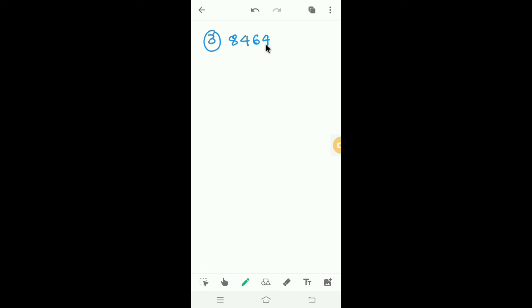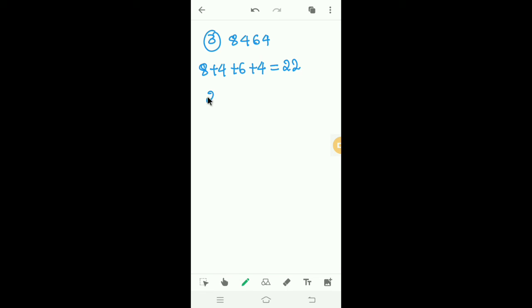I will take one more example. 8464. Here we have to check whether 8464 is divisible by 9 or not. So what do we have to do? We have to add all the digits. 8 plus 4 plus 6 plus 4 is equal to 8 plus 4 is 12. 12 plus 6 is 18. 18 plus 4 is 22. Is 22 divisible by 9?